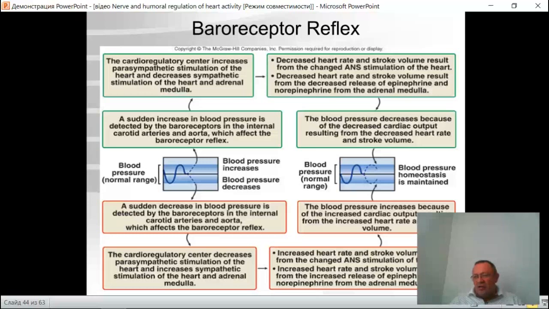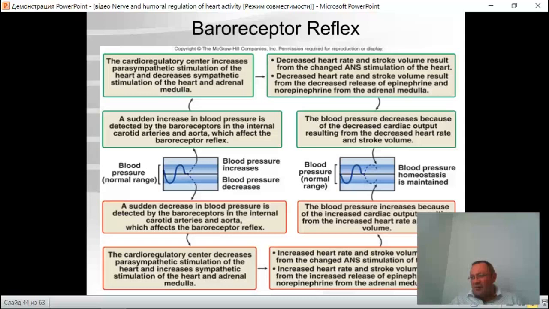As a result, impulses go to cardioregulatory centers, decrease parasympathetic stimulation of the heart, and increase sympathetic stimulation of the heart. The result is stimulation that increases heart rate and stroke volume, through the release of epinephrine in higher concentration from the adrenal medulla and stimulation of the sympathetic part of the autonomic nervous system.